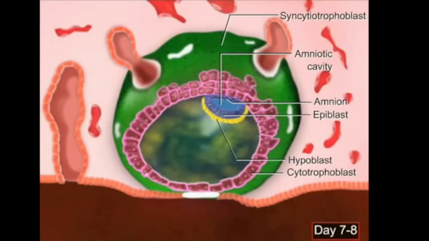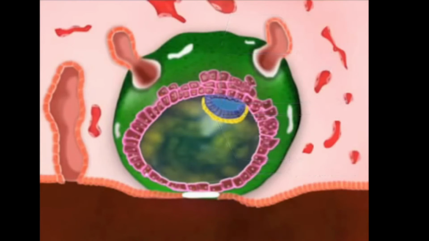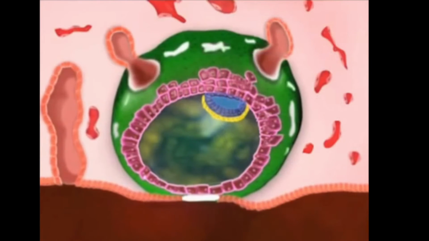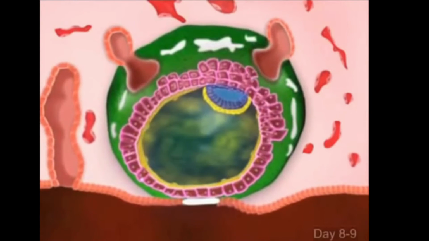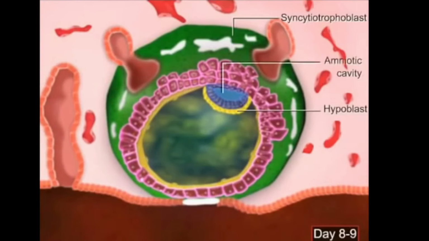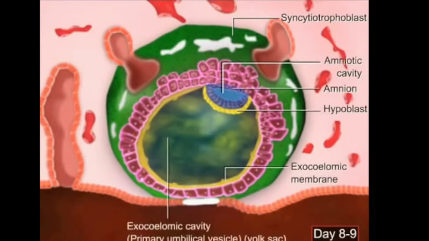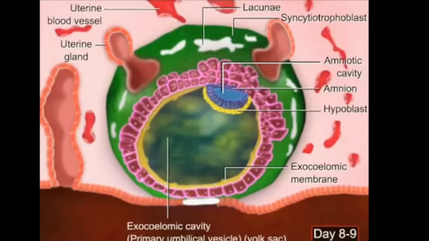Now what will happen? The lacunae present in the syncytiotrophoblast will connect with each other, and the gap in between two lacunae is known as a trabecula.